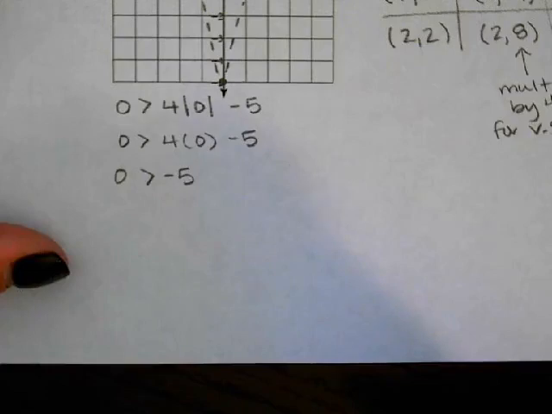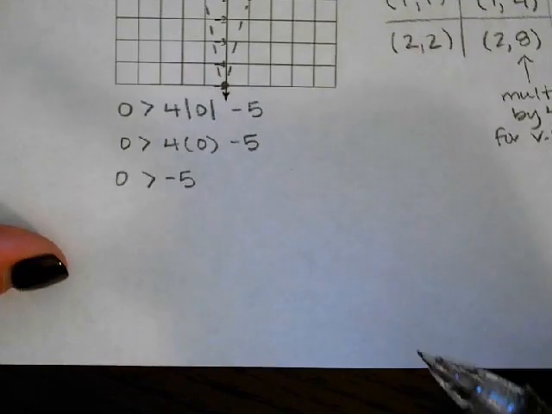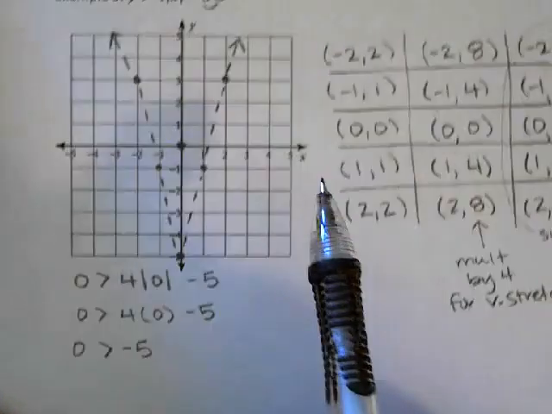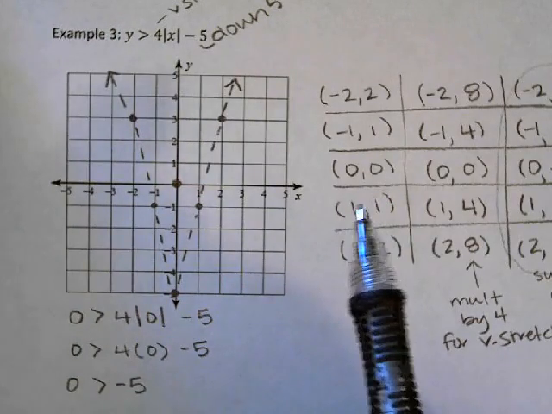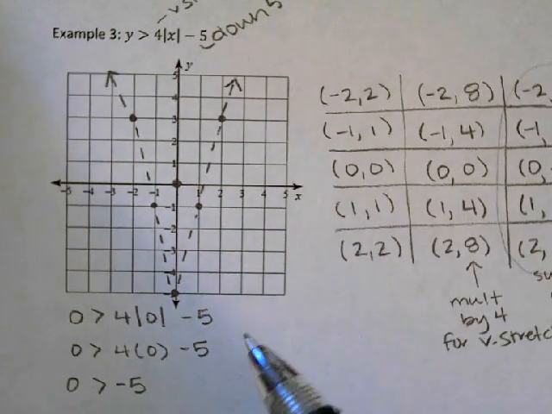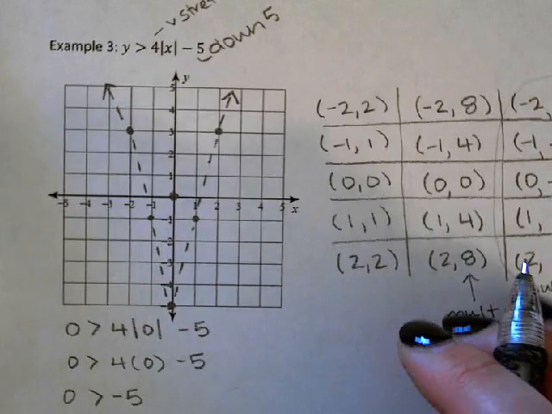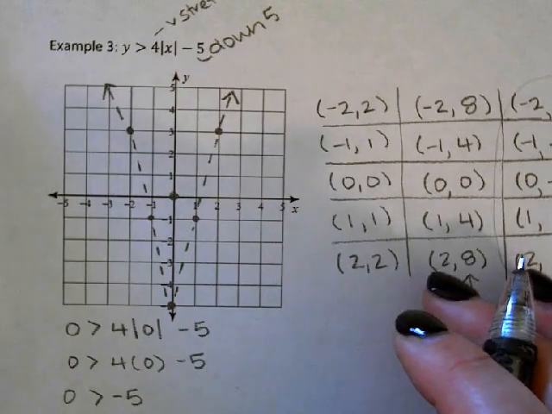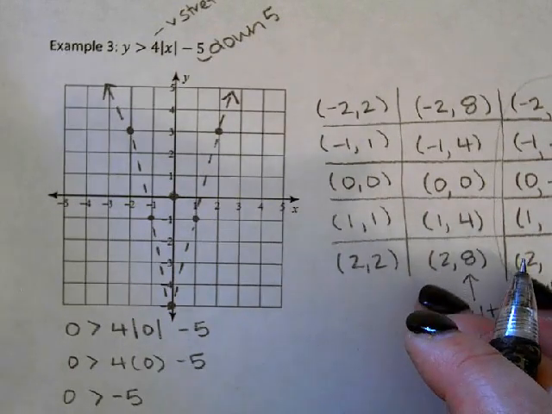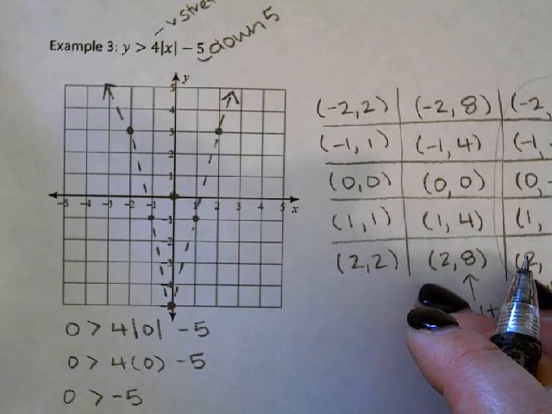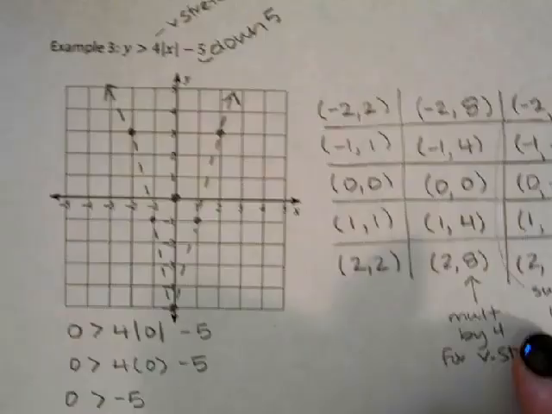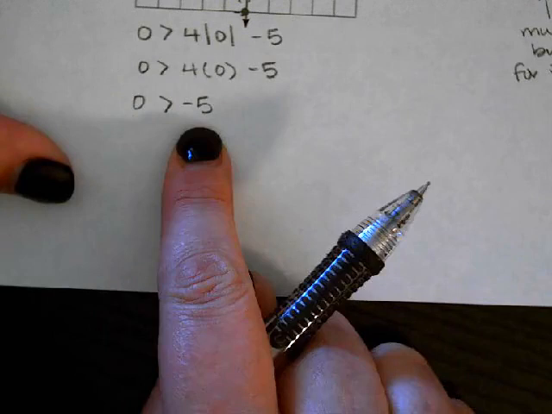So I'm going to teach you that method. Now, does that work in this situation? Possibly. Does that work in every situation? No. So if something was in standard form, it would stop working, but not obviously. Okay. All right, so 0 is greater than negative 5. Is that true or false? True.